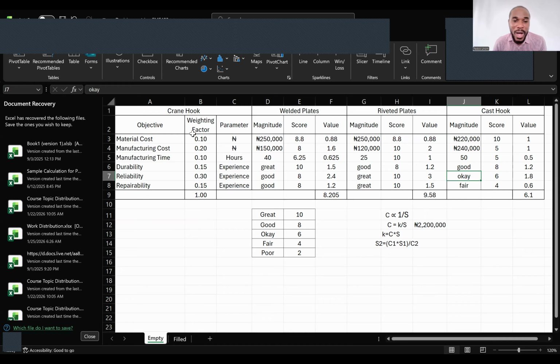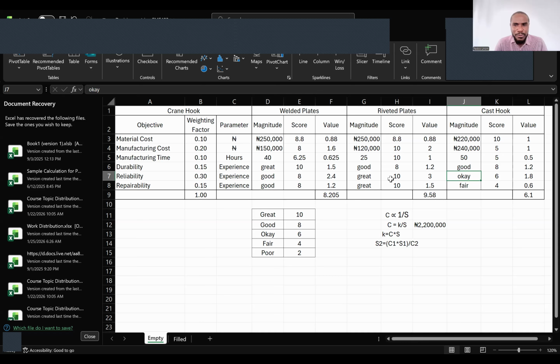So please know how to do this thing. It can help you when you come to choosing materials. You have many possible materials for a given work that you are going to do. Look at what you are looking for in this material. I'm looking at thermal insulation. I'm looking at durability. I'm looking at weight. Then you ask yourself, based on the application I'm working on, which is more important?